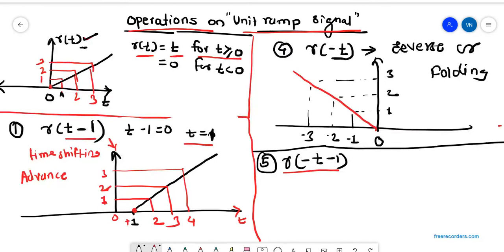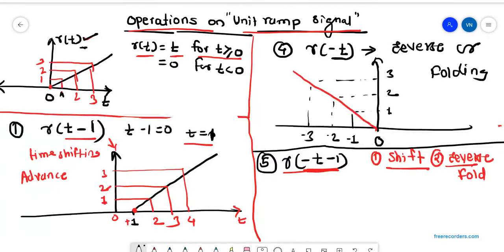It is very important that whenever we have to draw this type of operation, always do two steps. The first important step is to shift the signal, and after shifting that signal, just reverse that signal, meaning fold that signal. Never do the fold or reverse first. Always do shifting first and then the reversing.